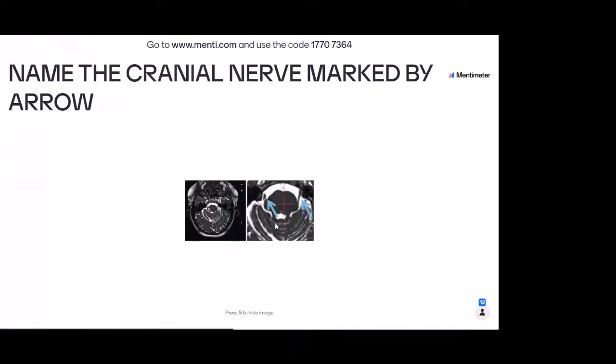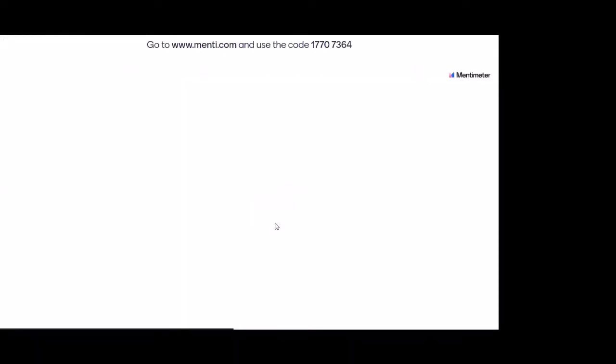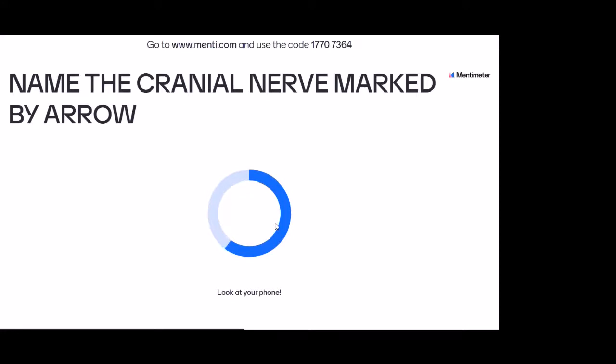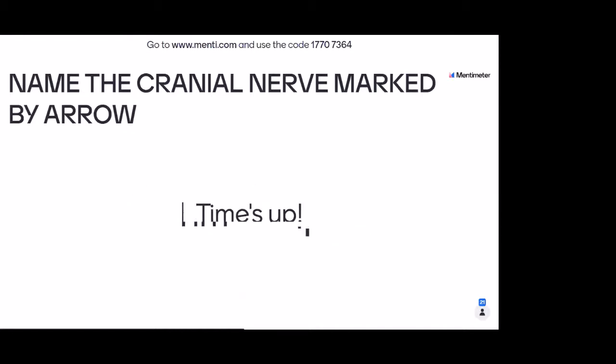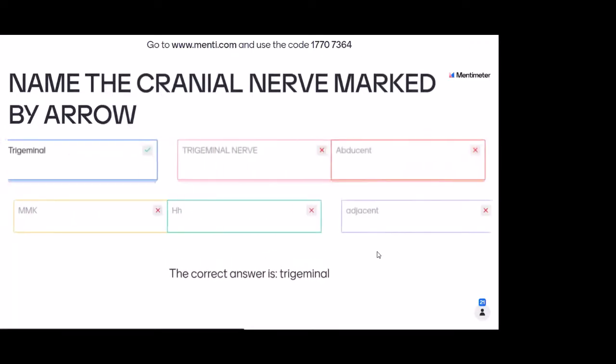So what is the name of this cranial nerve? Yeah, the correct answer is trigeminal nerve.